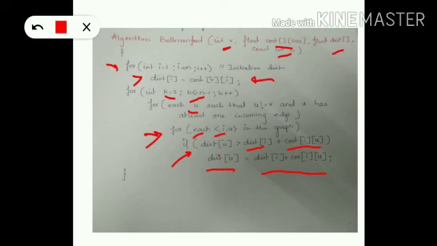So this particular innermost for loop works for all the vertices u that are in the given graph. So this entire thing happens for all n minus 1 iterations.